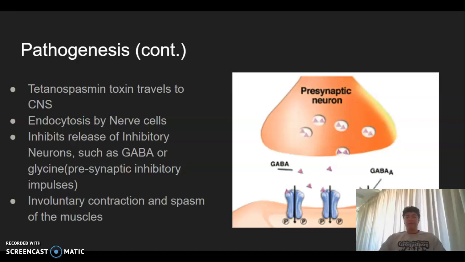As you can see in the picture on the slide, you have GABA there that's going to bind to the presynaptic neuron, but the tetanospasmin toxin does not allow that to happen. So the excitatory nerve impulses are unopposed, which causes that involuntary contraction and spasm of the muscles. Because the inhibitory neurons usually stop the muscle from contracting, but when those aren't functioning, then the muscle just constantly fires.